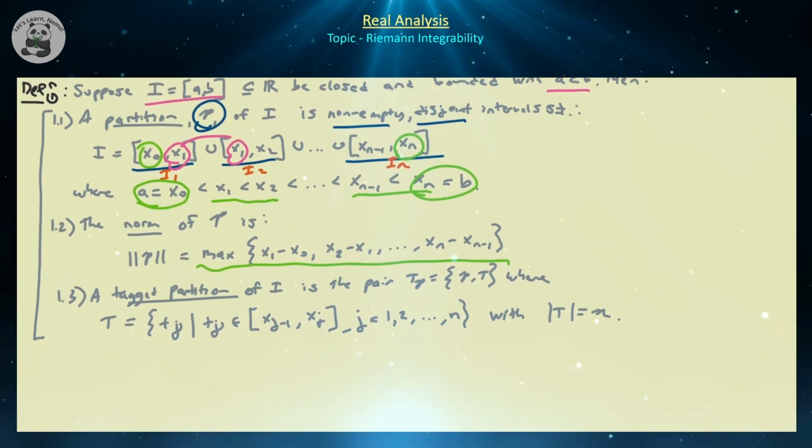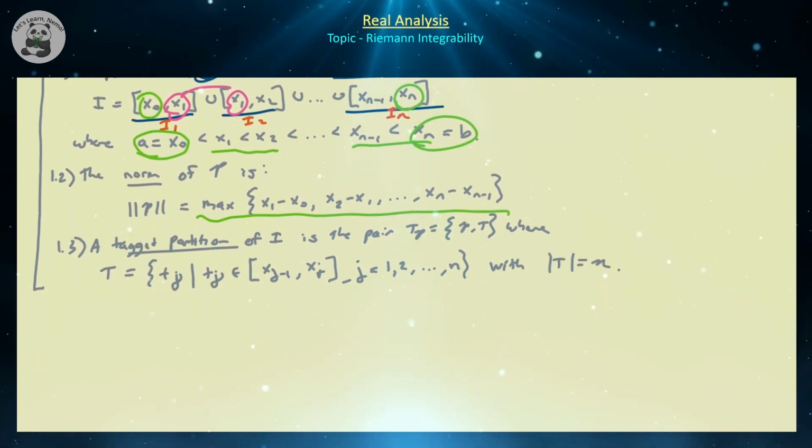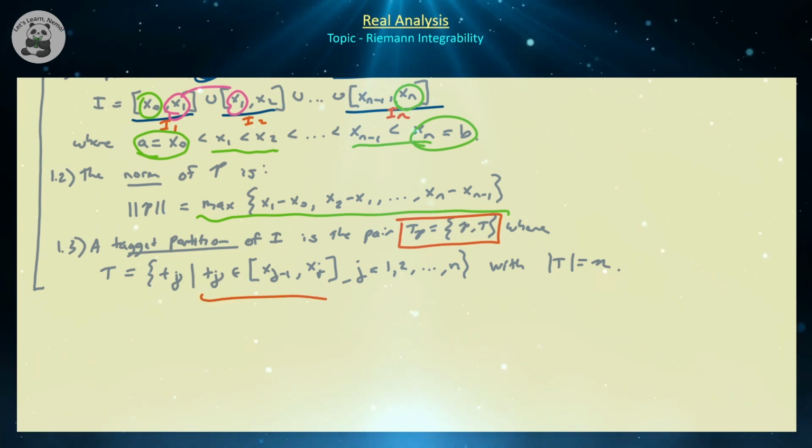And then lastly, we're going to define what it means to be a tagged partition. A tagged partition is just a pair (P, T), P the partition, and T is a set of what we call tags, where the tags are just points that belong to this interval, with the cardinality of T being precisely equal to n.